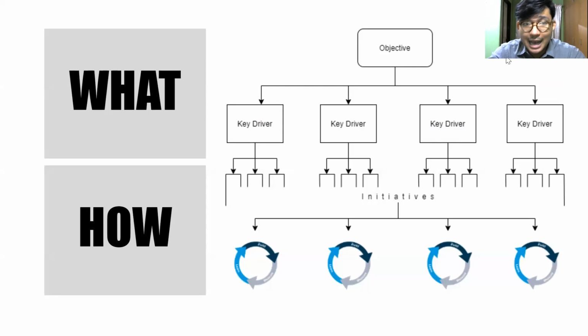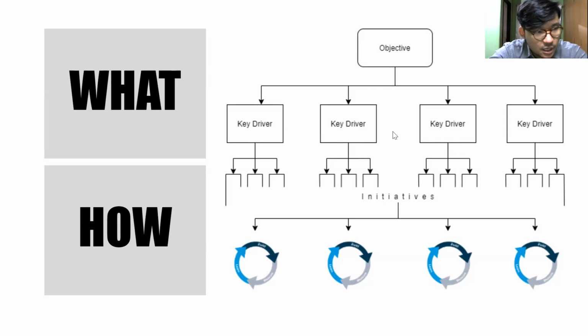This what and this how, these questions can be broken down even further. What deals mainly with your objectives, your goals. At the very top, you have your main objective, main goal, main metric, and this main metric is driven by a few key variables. It can be a few, it can be a lot of variables.